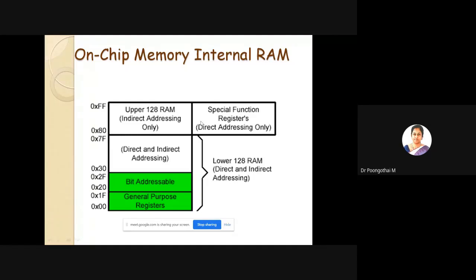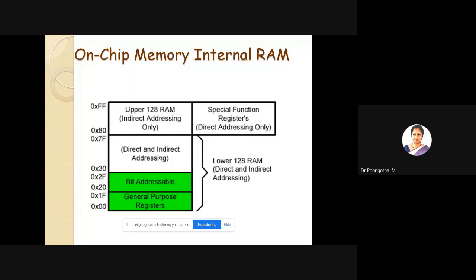First we will see the lower 128 RAM. This 128 bytes of internal RAM is divided into 3 blocks. The first is the register block, the second is the bit addressable memory, and the third is the scratch pad memory.